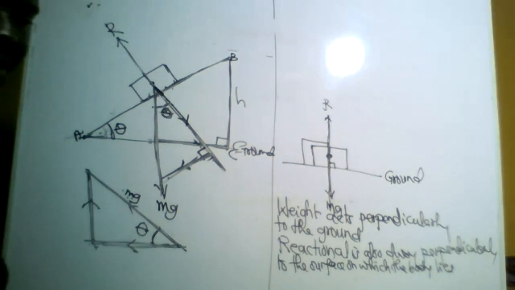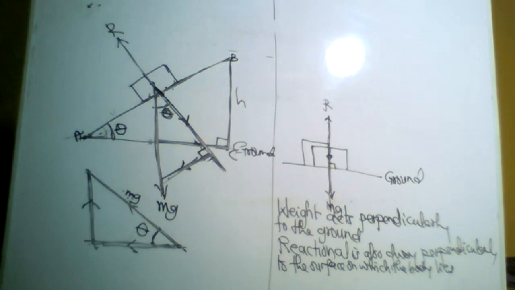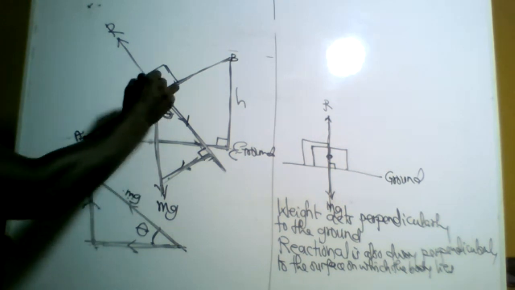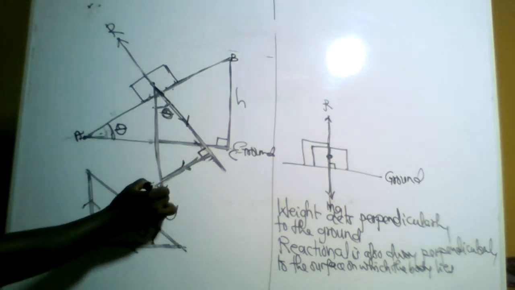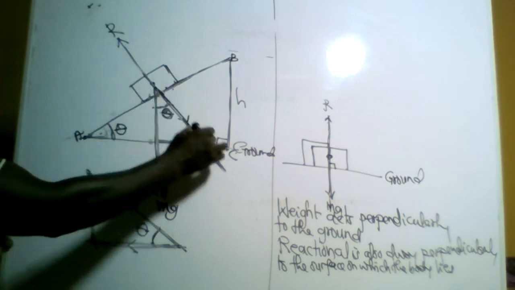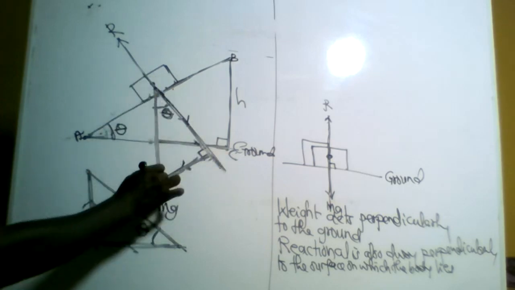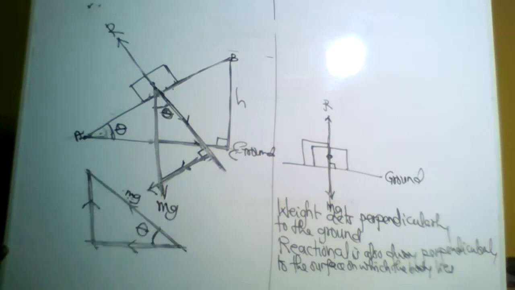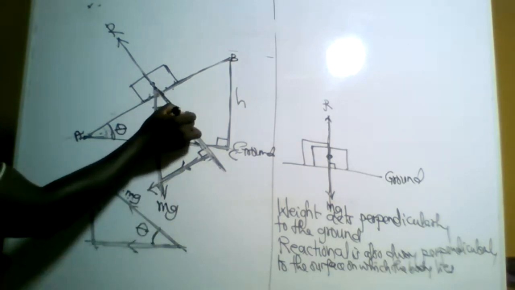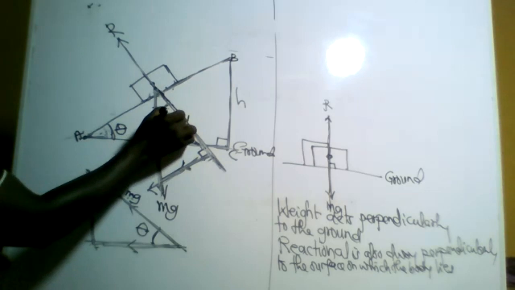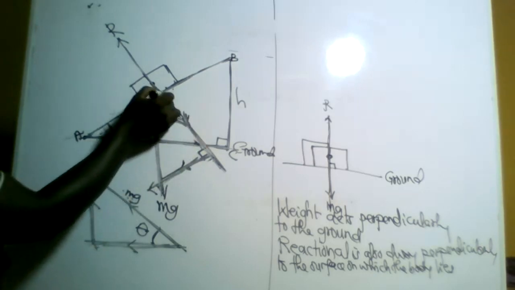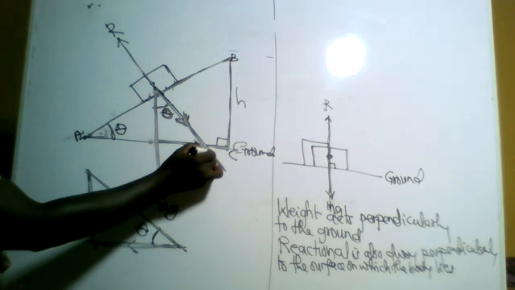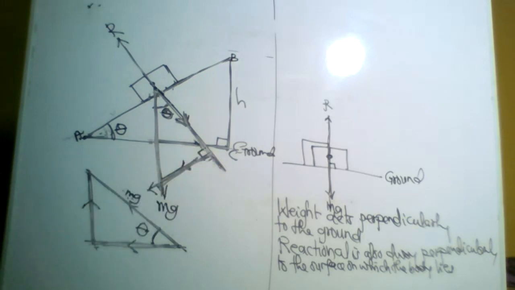Maybe the opposite will be the reactional force. You see, this is the opposite. This is the adjacent. The side which is close to the base of the angle is the adjacent. So we can locate the adjacent. The perpendicular line from the adjacent will give you the opposite.